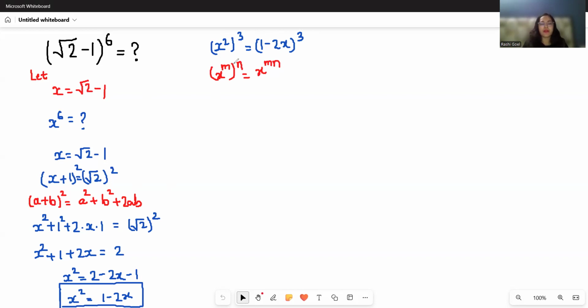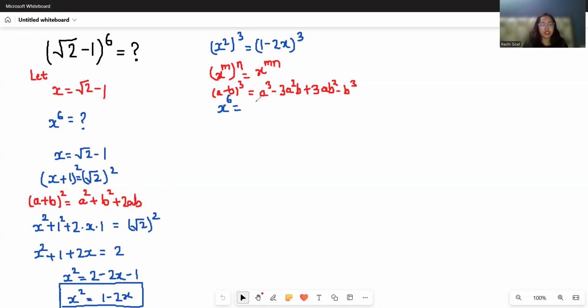So it becomes x power 2 times 3, that is x power 6. And on the right hand side I am going to use the identity, that is (a minus b) whole cube, which equals a cube minus 3a square b plus 3ab square minus b cube.